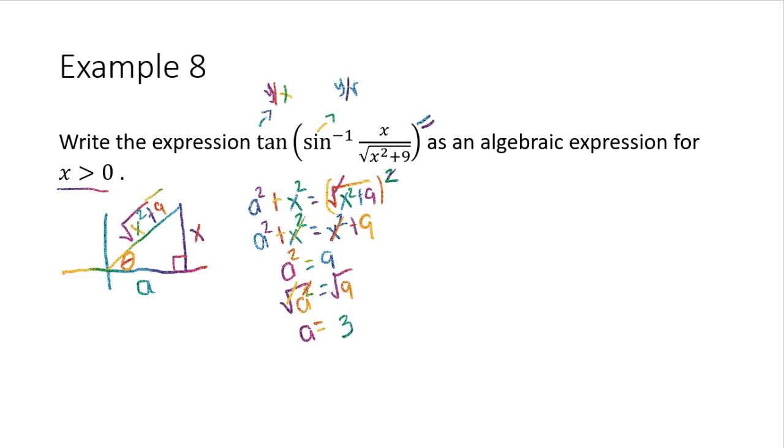Alright, this expression is going to simplify into our y-coordinate, which was x, divided by the x-coordinate, which we just found to be 3. So our expression will simplify into x divided by 3.